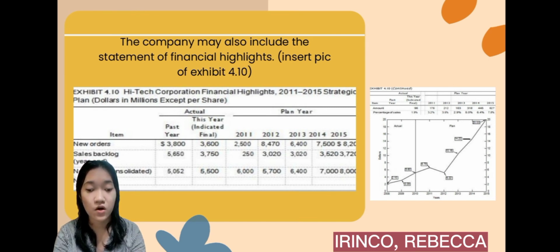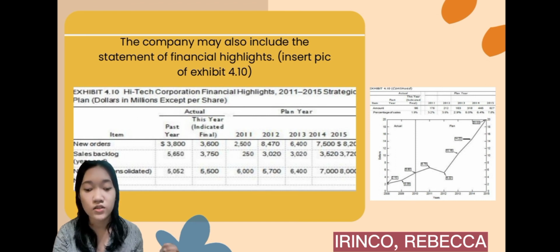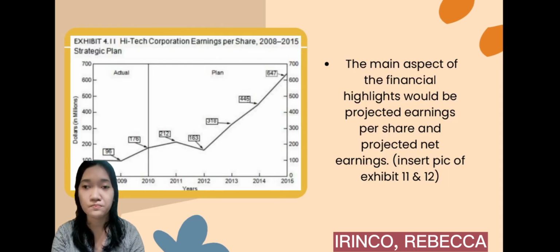The company may also choose, or usually include, a statement of financial highlights, which usually includes earnings, sales, a few key expenses, projected backlogs, and equity. As you can see here in Exhibit 4.10, an example of the financial highlights statement is shown.